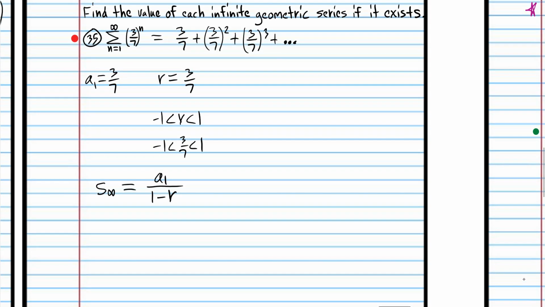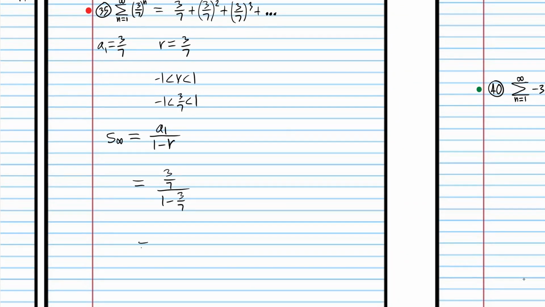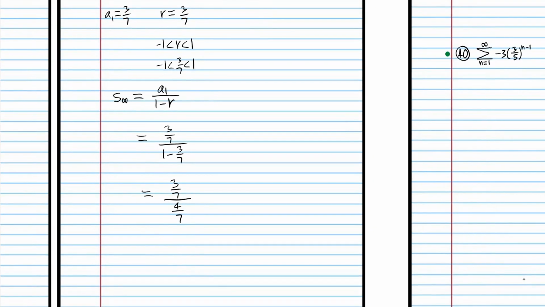So that means we can use this formula. So the first term is 3/7. The common ratio is also 3/7. So we have 3/7 over 4/7, which simplifies to 3/4.